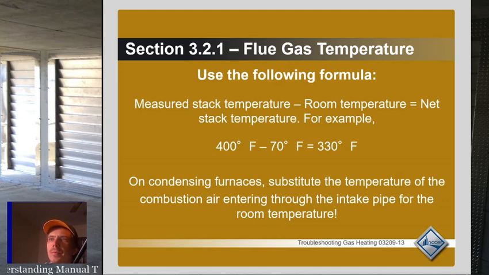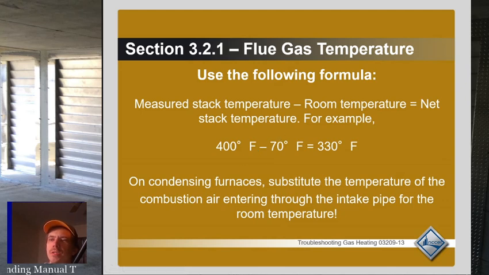So that is what you're talking about when you're talking about net stack temperature. It's the difference of the flue gas compared to where it's getting its air. Okay, so if you had a room of 0 degrees, your flue temperature is going to be much lower, because you started with the lower temperature air to begin with for combustion.